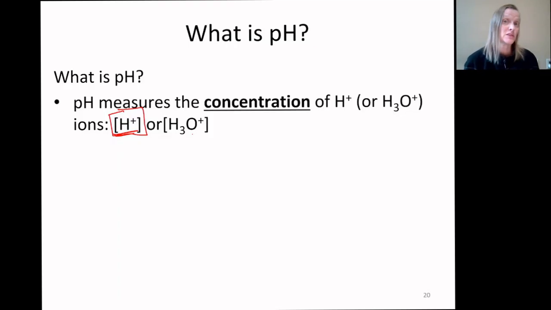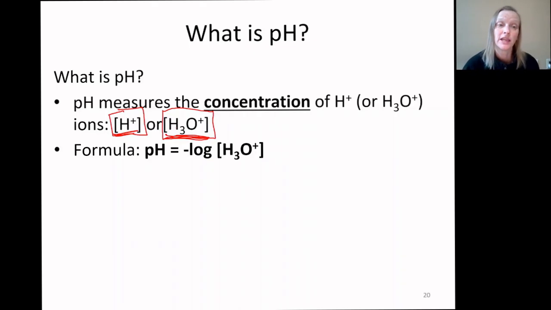They attach themselves in solution to water molecules to create the hydronium ion, which is H3O with a +1 charge. So these are kind of interchangeable. They're getting at the same idea, the concentration of hydrogen ions or the concentration of hydronium ions, because really those hydrogen ions aren't existing on their own. They're attaching themselves to water molecules. And different sources will refer to this concentration in one way or the other.